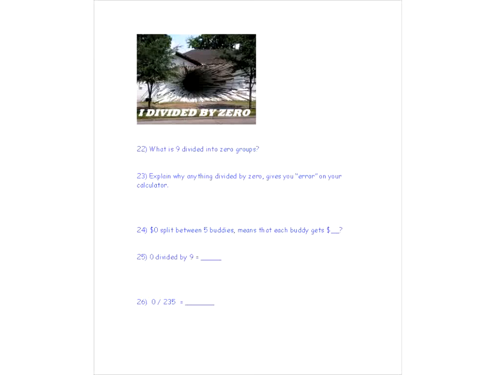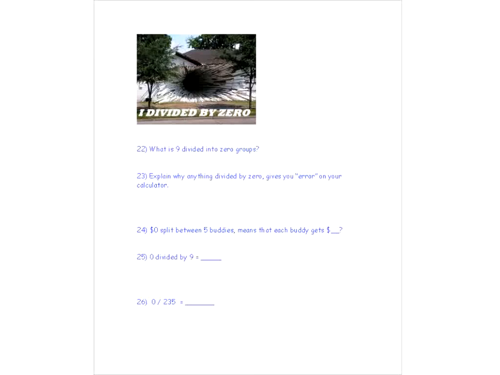So 9 divided by 0 would not be 0. Maybe that wasn't the best example, because if you think about dividing 9 cookies into 0 groups, it seems like maybe it could be 0. But it turns out you can't. As soon as you try it on your calculator and you divide 9 by 0, it gives you error. A big error flashes up, right?